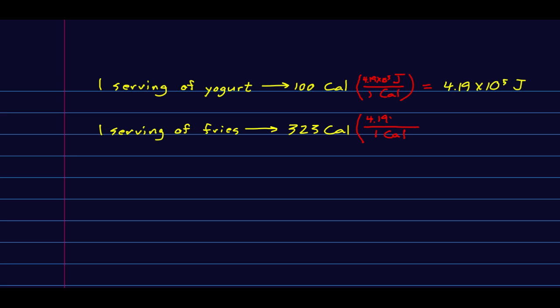Same unit conversion: my calculator says 323 times 4.19 E3 is 1.3, we'll call it 1.4 times 10 to the 6 joules. Look, we're talking hundreds of kilojoules or even megajoules in fairly typical foods. These energies are big compared to what we're used to seeing.